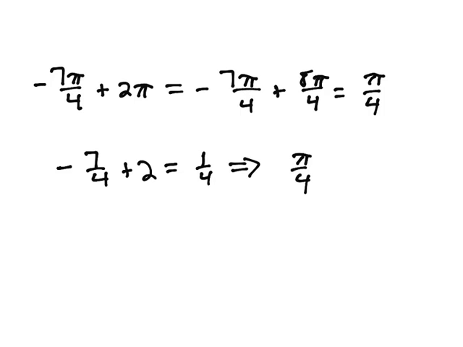For the 405 degrees, if I ask you for a coterminal angle between 0 and 360, I know that's more than 360, so I'm going to subtract 360 from it. And that would give me 45 degrees, which is between 0 and 360.